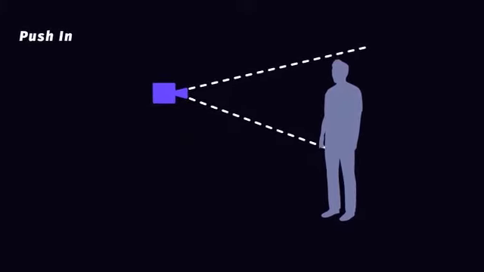Push in. The push in movement, you come closer to the character, you see his reaction, you enter his state of mind. Maybe the character goes through a decision point. You want to show something to the viewer, draw the attention. Or the opposite movement is the pull out.